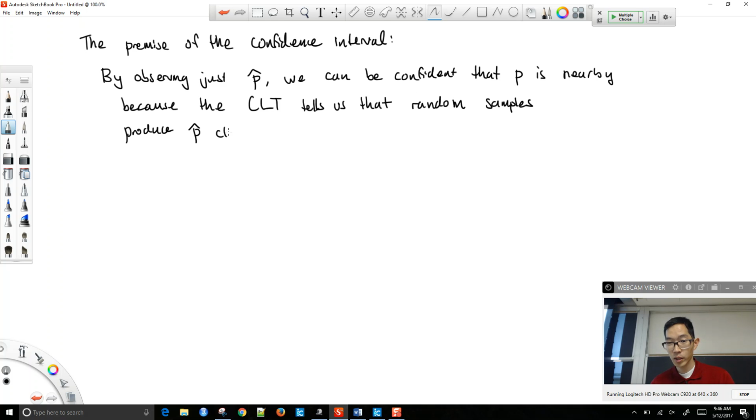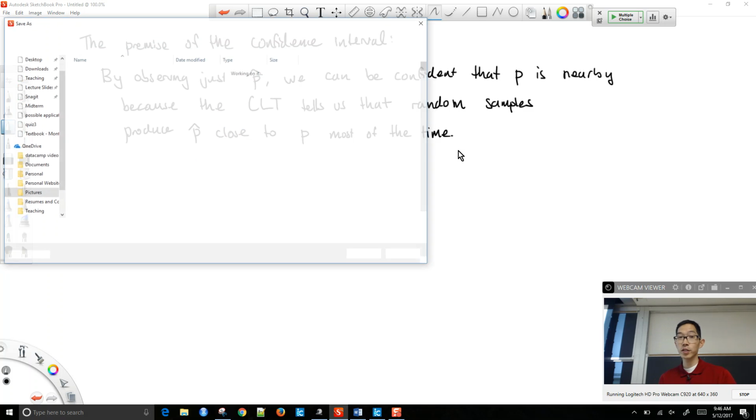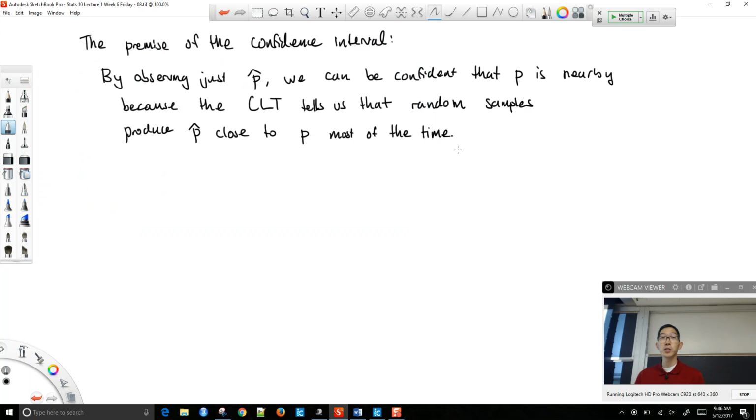P hat's close to p most of the time. Yeah, again, because it is random, it's possible to end up far away. But most of the time, the p hats end up close. All right?